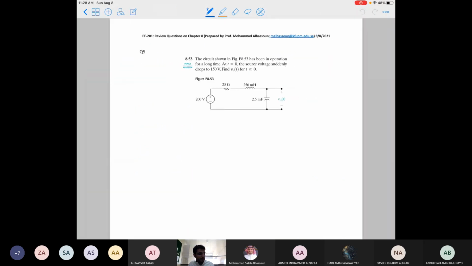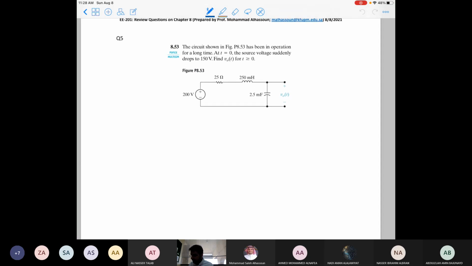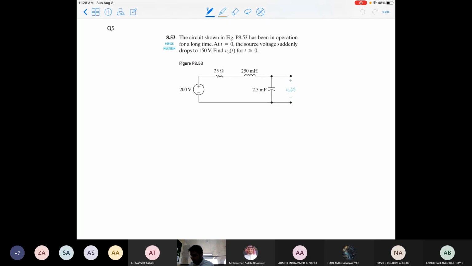Okay, the last question that I want to solve is pretty straightforward. It's not that complicated. The interesting part here is that throughout the course we solve two kinds of problems: you will have a source before t less than 0 and then the source is removed, or the other way around.